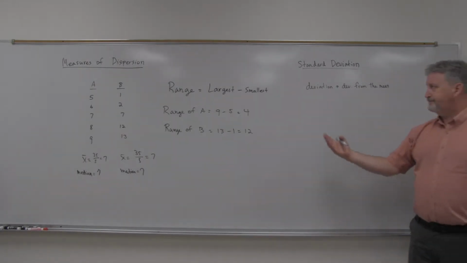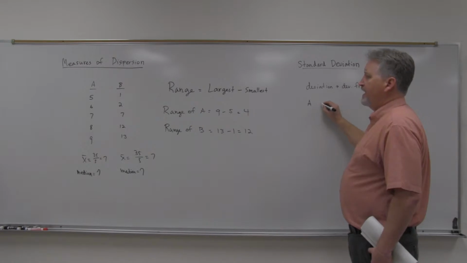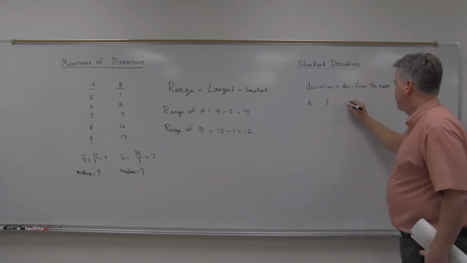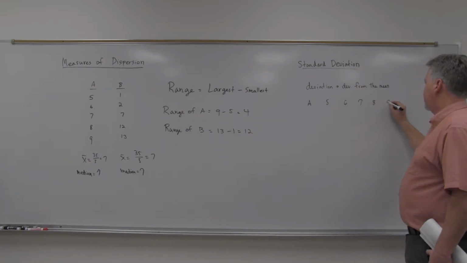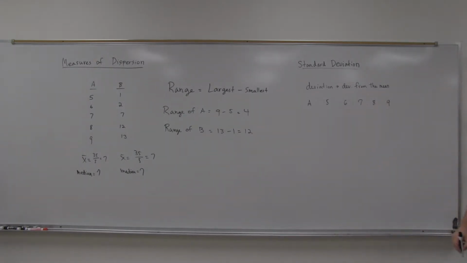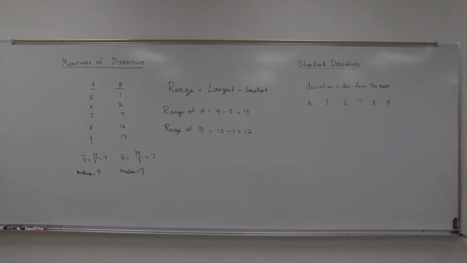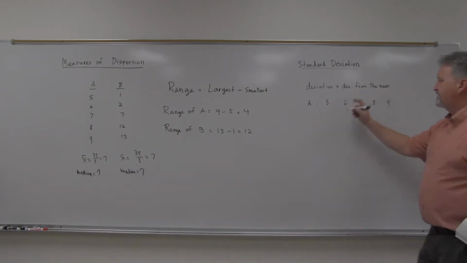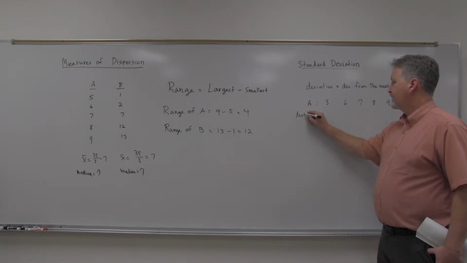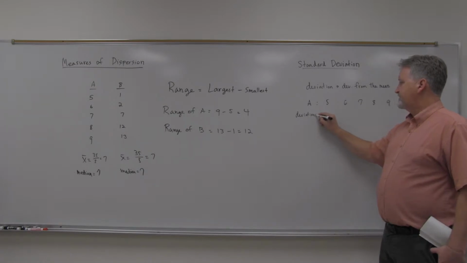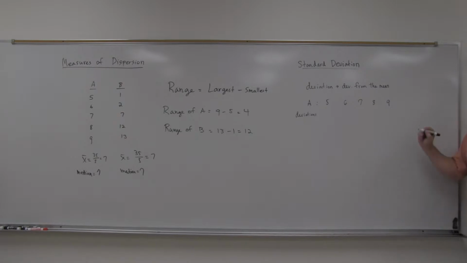For example, let's just do A here again. A is 5. Write the values this way though. 5, 6, 7, 8, and 9 are the values for A. All right, so deviation from the mean. Let's just list all the deviations on this second line here.